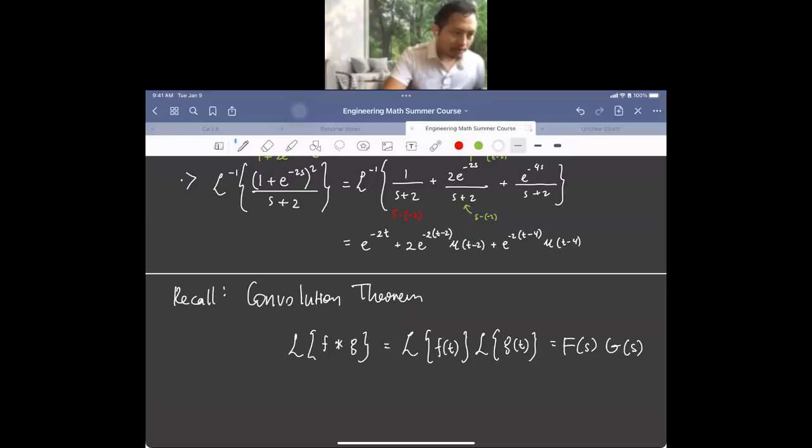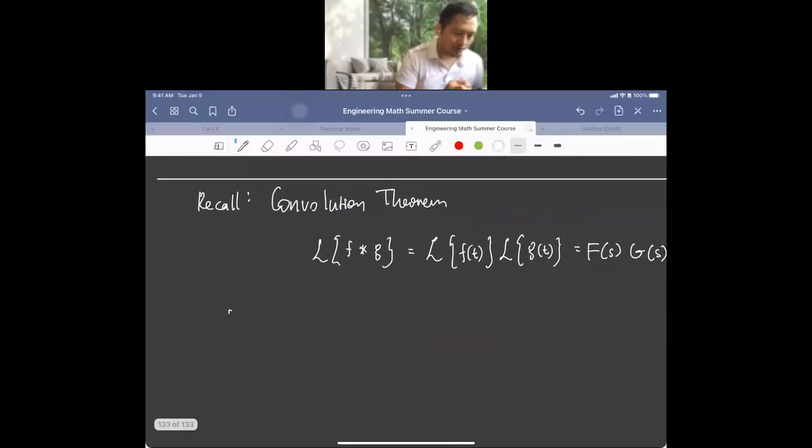And the convolution itself is basically the definition: if you have f convoluted with g, it is the integration from 0 to t of f of tau, where tau can be any variable, a dummy variable, if you remember the fundamental theorem of calculus, and then g of t minus tau.